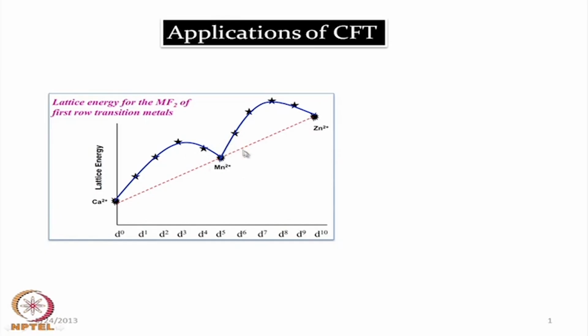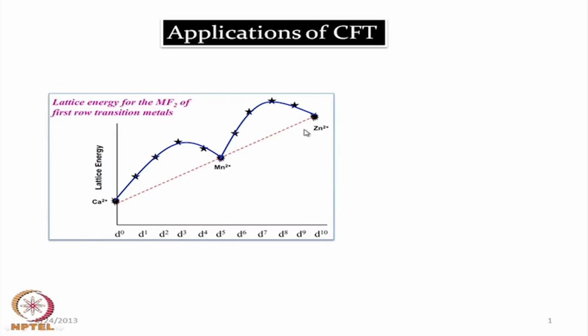Though it is a transition metal ion, its electronic configuration is 3d5, and in the high spin situation all five d orbitals are singly occupied, that means they are evenly distributed, and it gives a spherically symmetric arrangement.